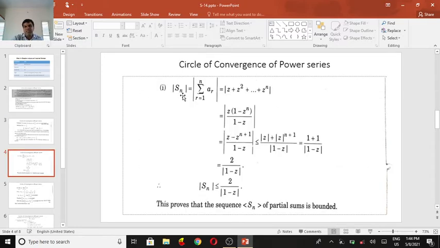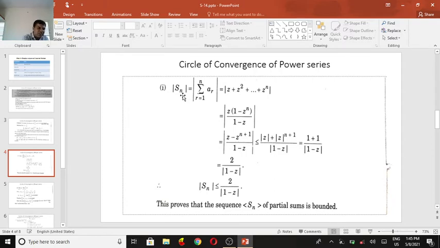The sum of the terms we denote Sn, the absolute value of Sn, summation r running from 1 to n, should be equal to the absolute value of z plus z square plus and so on up to z^n. This series can be written as the absolute value of z into 1 minus z^n divided by 1 minus z. Again, we can write this as z minus z^(n+1) divided by 1 minus z.